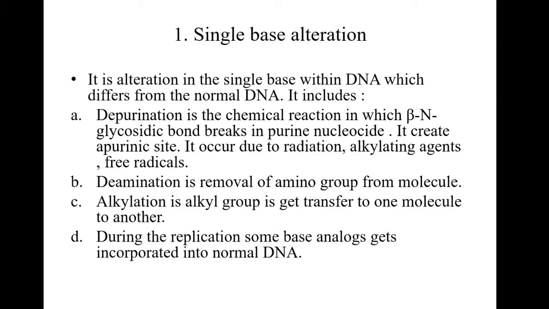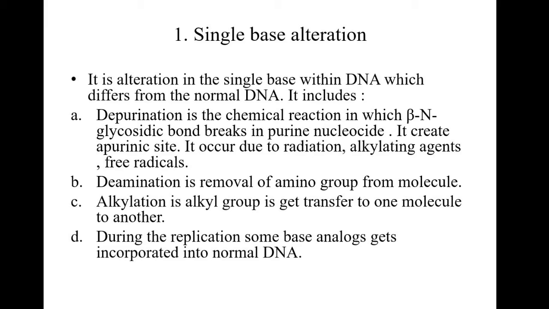What is happening in depurination? It is a chemical reaction in which the beta N-glycosidic bond is broken within the purine nucleotide. It creates an apurinic site, which occurs due to radiation, alkylating agents or free radicals. What is deamination?